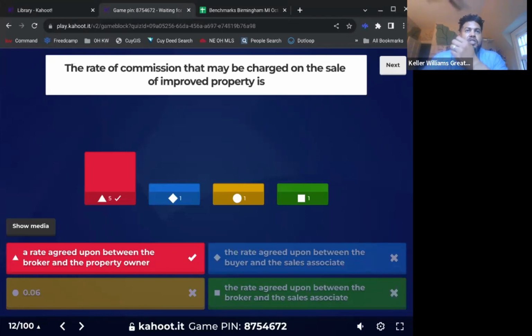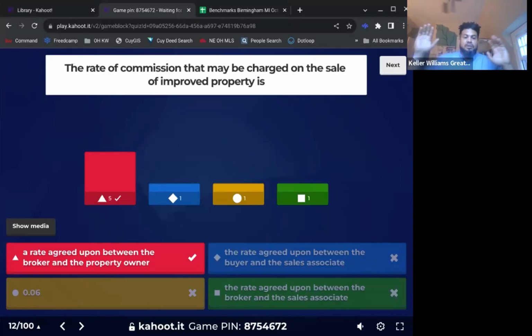So anytime that you say that there's a standard that someone must use this commission rate or anything else, you are creating a Sherman antitrust violation. So just know that you are never allowed to do that. It is whatever the agreement is between that seller and the brokerage. So the property owner and the brokerage set the commission.